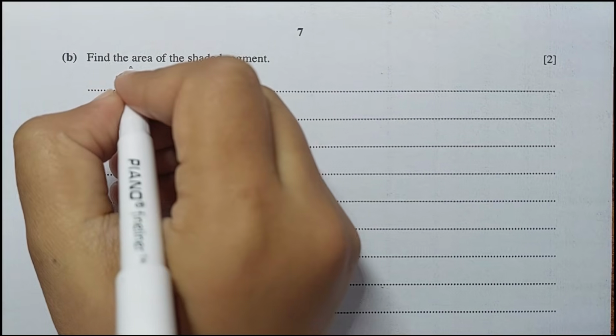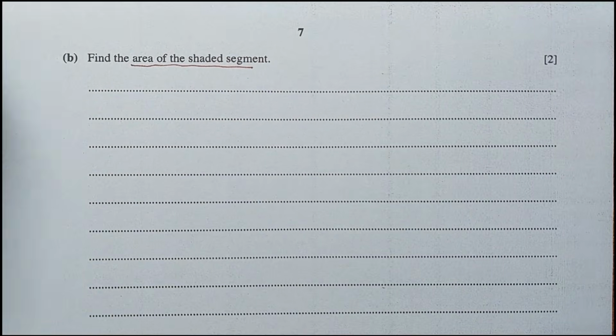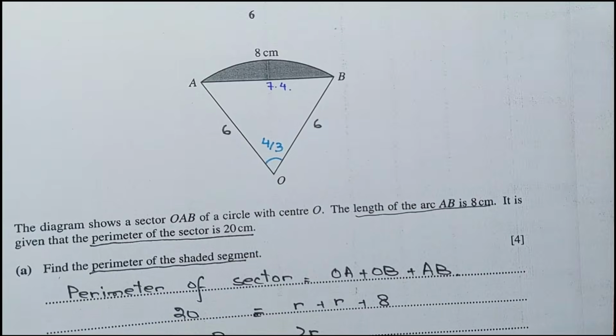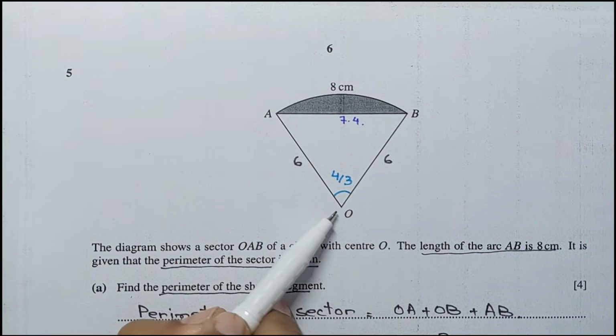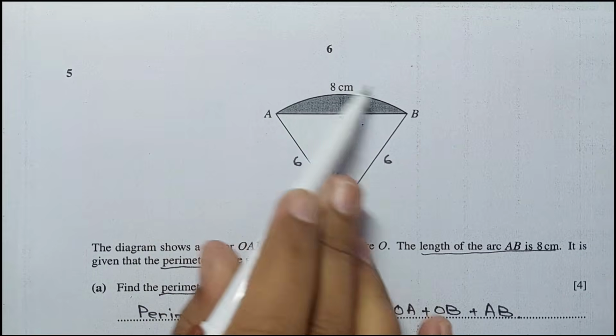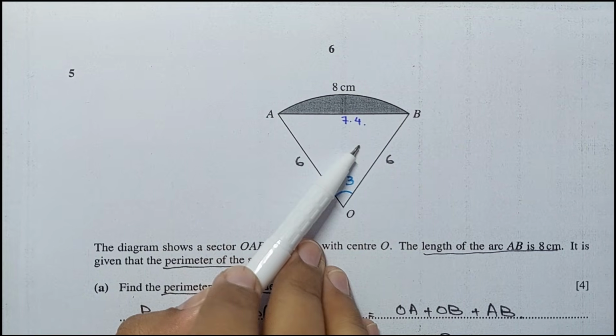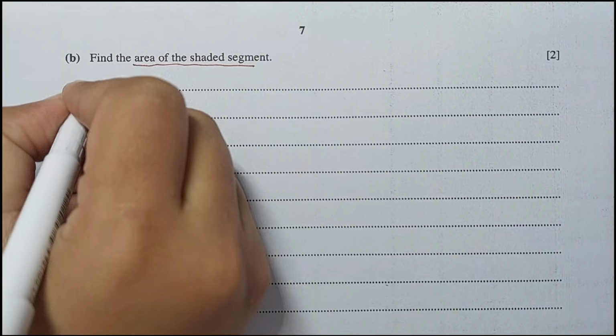Now for part B, find the area of the shaded segment only. So this segment is shaded. Basically, for the shaded segment area, we have to find the area of this sector OAB and subtract the area of the triangle OAB. You will get the area of the shaded segment.